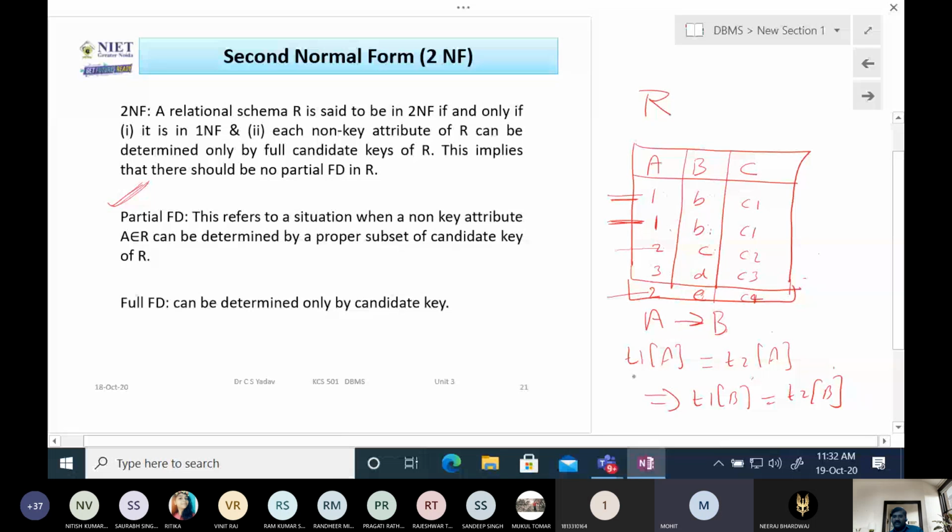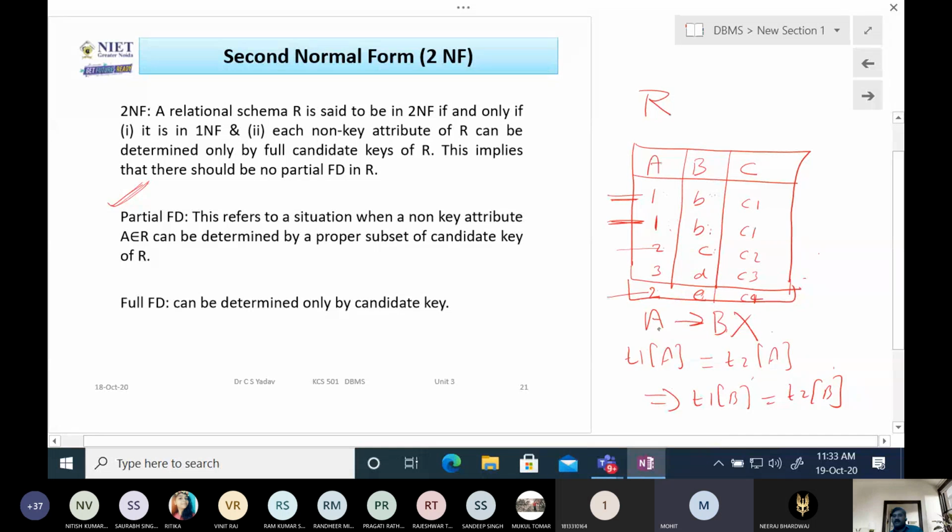So according to the definition of functional dependency, this is not true. For any two tuples, this condition must hold on R: if T1 of A equals T2 of A, then T1 of B equals T2 of B. If any two tuples agree on their A values, they must agree on their B values.